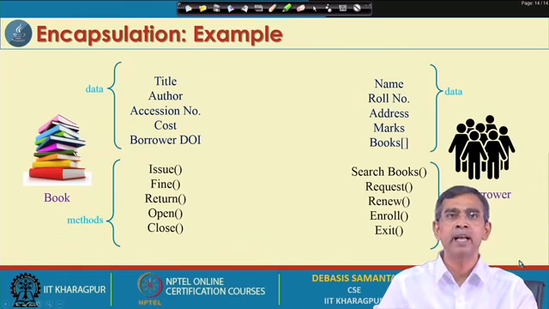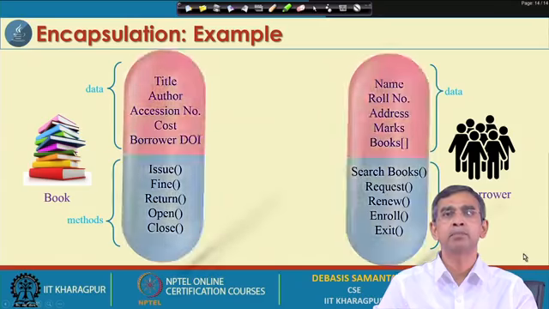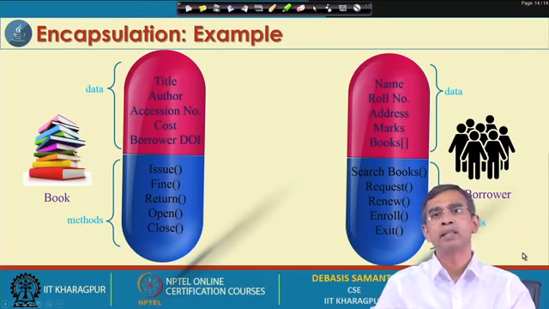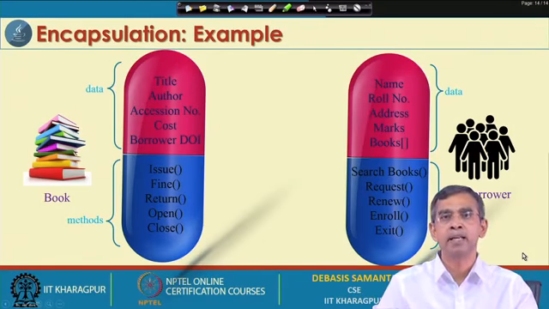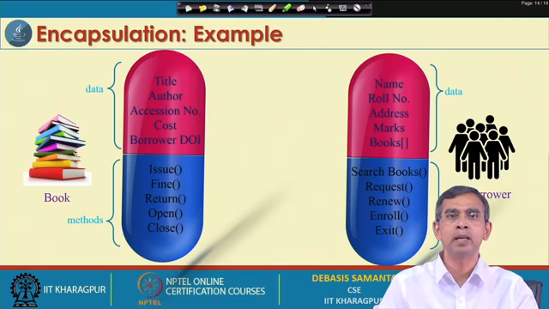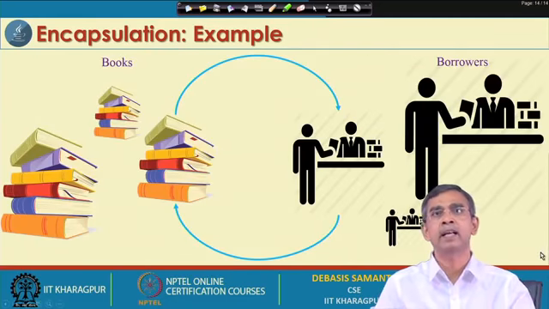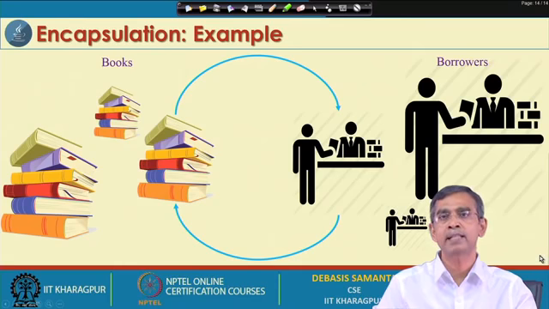Now, all these data and methods basically define a class. Here, for example, class book and class borrower, and all these methods and member elements, the data, are put together to define the classes. For example, the book class is an encapsulation as well as the borrower class. Once the classes are developed, we can create a number of objects and they can communicate.